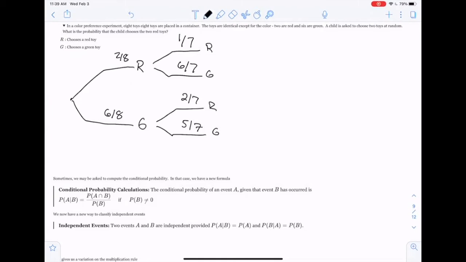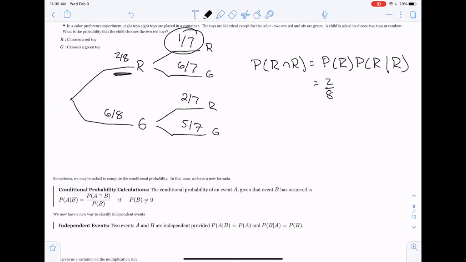So we want to know the probability that they chose 2 red toys, which is the probability they selected a red toy times the probability they select a red toy given they selected a red toy. So here, the probability of a red toy is 2/8. The probability of selecting a red toy given they have a red toy is 1/7, or 2/56, which reduces to 1/28. That's the probability in this example of choosing 2 red toys.